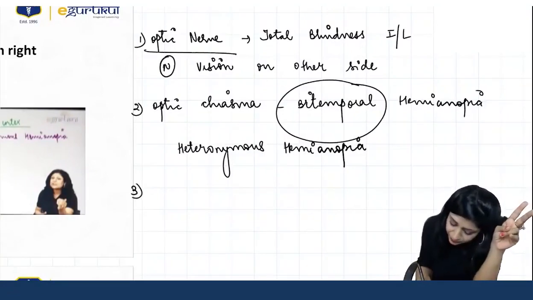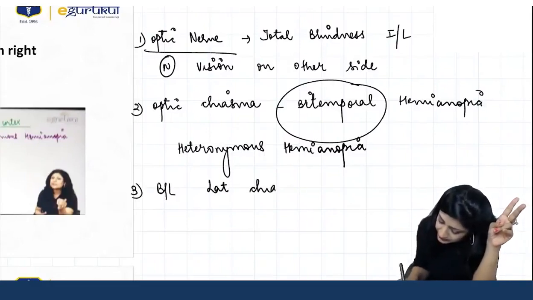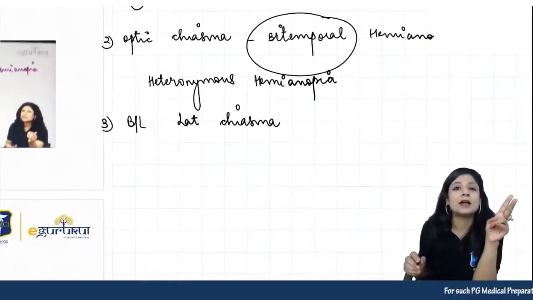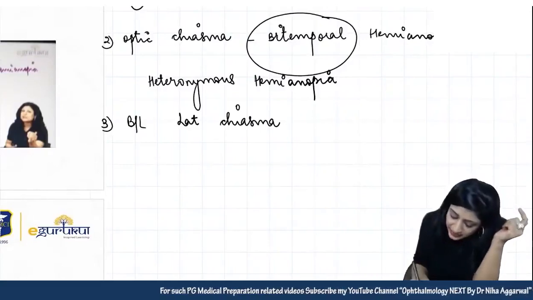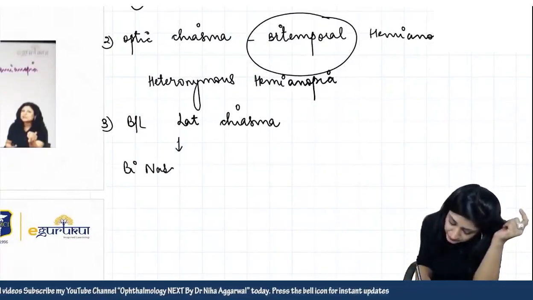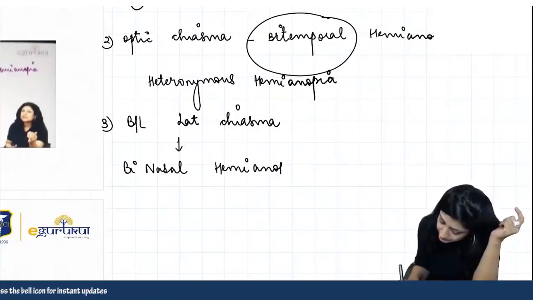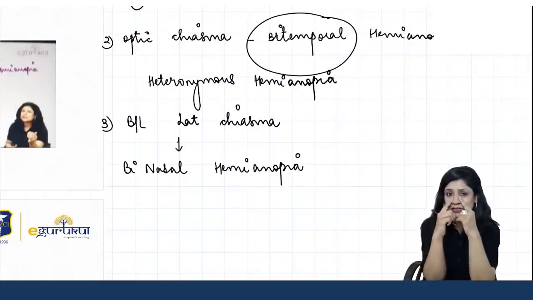Then we have bilateral lateral chiasma. So temporal fibers of this side, temporal fibers of this side, this will cause binasal hemianopia. Now binasal, nasal of this side and nasal of this side.